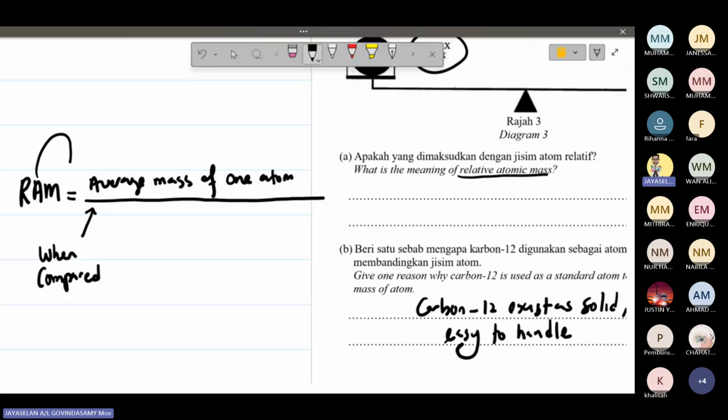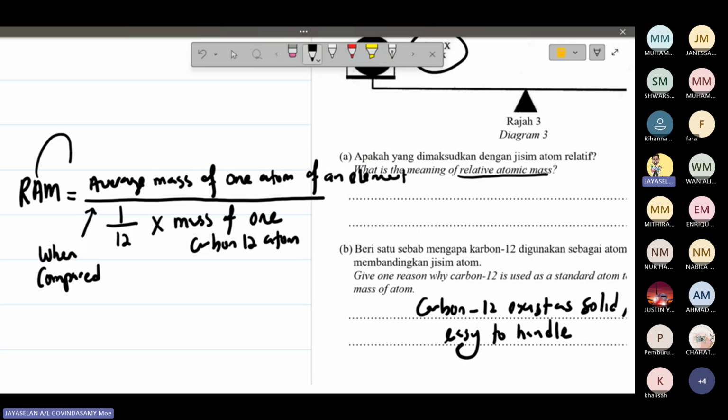Mesti ada one atom. Kena ada semua ni, an element. When compared with 1 over 12 times the mass of one carbon-12 atom. You kena letak formula ni.